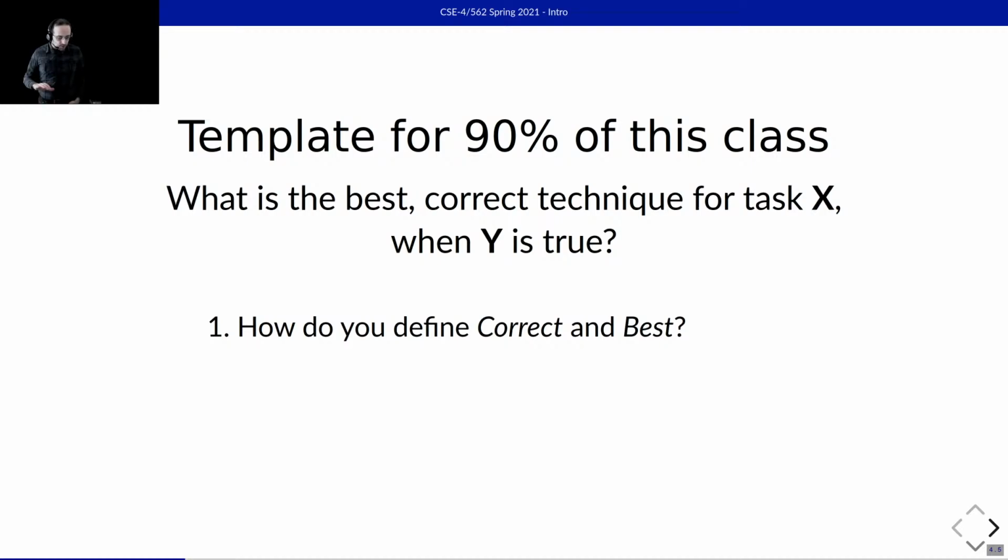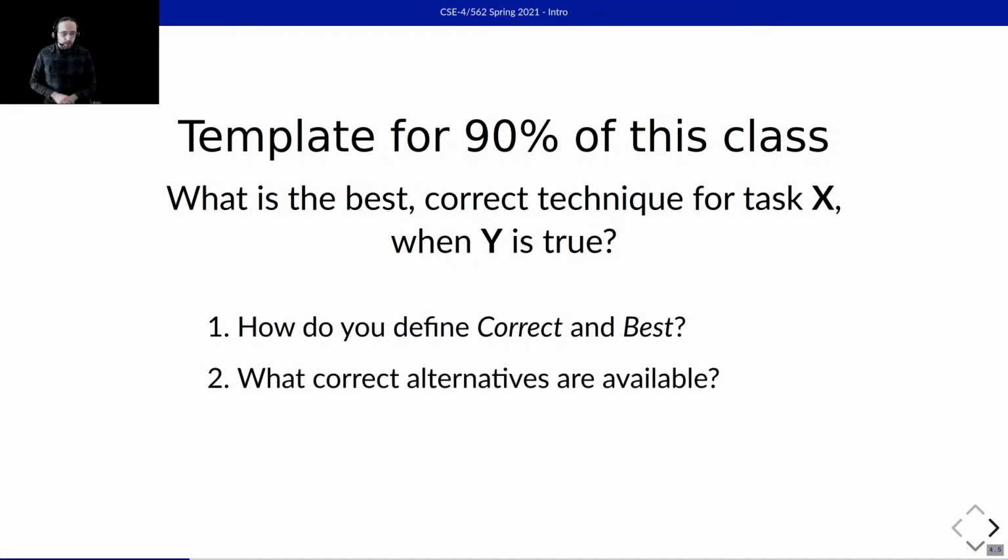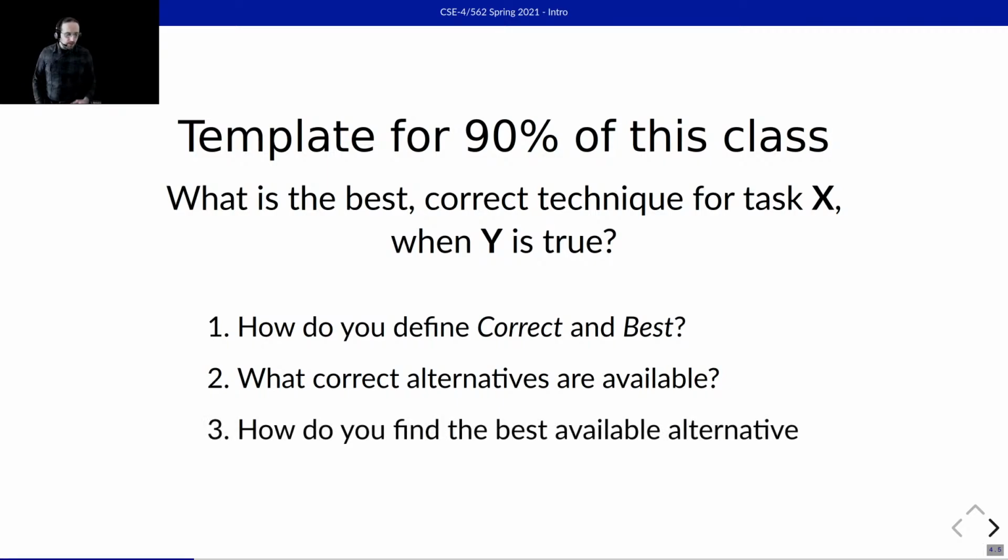Then I want to have some sort of specification of what it means for one solution to be better than another. Once I've defined this, that gives me my problem. From there, I want to figure out what tools and techniques are appropriate for that particular situation. And then finally, given all of this together, the best solution for that particular problem just falls out.